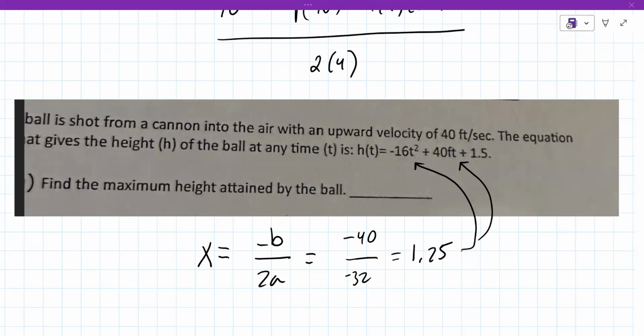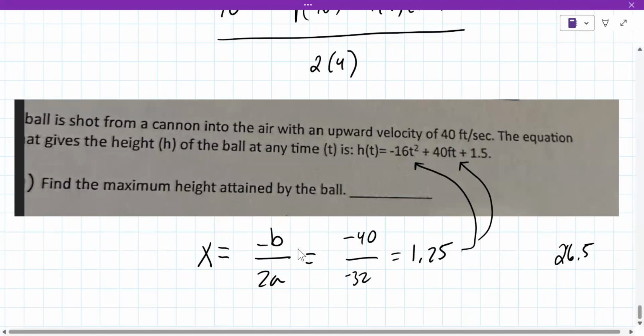I got a different result. I got 26.5. Let me do this one more time here. Oh, I just plugged 1.25 in. That says feet, not a. Yeah, that's interesting. I don't know if they meant t. I kind of think they meant t.